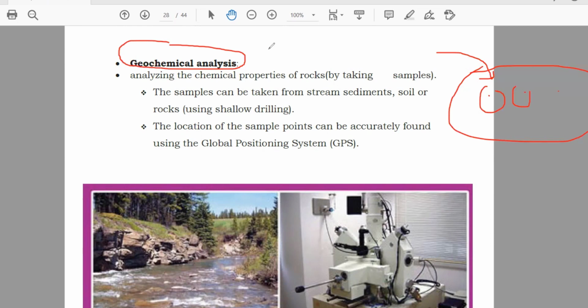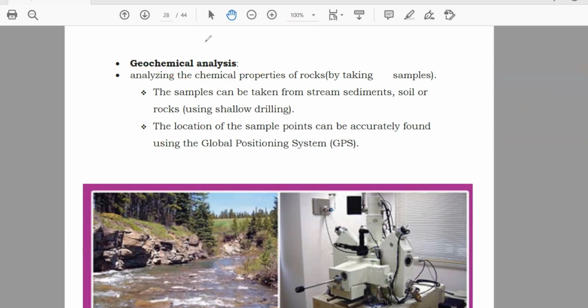Then those pieces they will bring to the lab and do chemical analysis on them. After that analysis, they will confirm which metals or minerals or type of rocks are present there. So this is known as geochemical analysis.